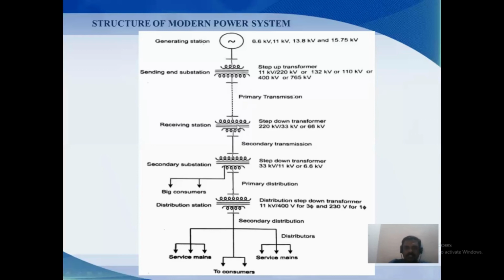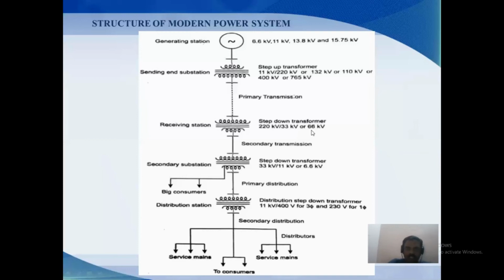The receiving end substation consists of a step down transformer. The step down transformer steps down the higher voltage into lower voltage. For example, it converts the 400 kilovolt or 765 kilovolt into 220 kilovolt or 33 kilovolt or 66 kilovolt.